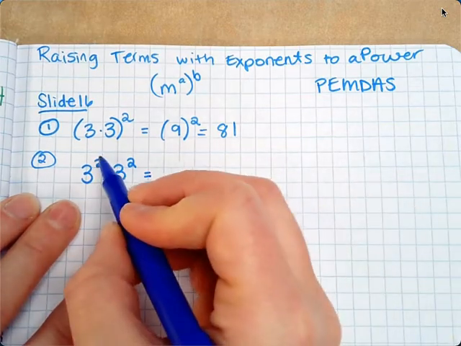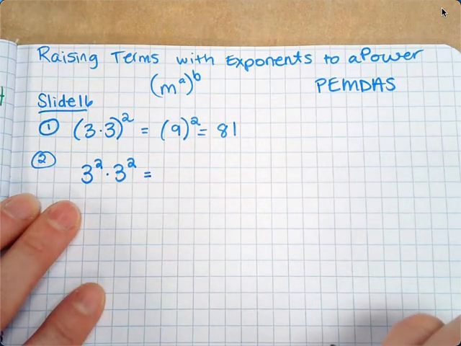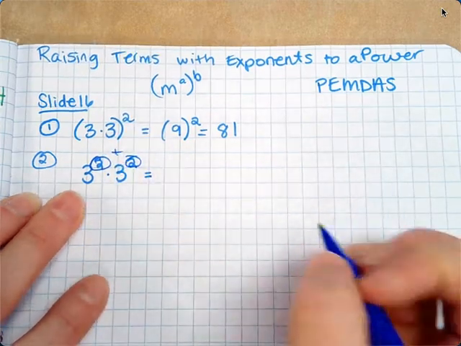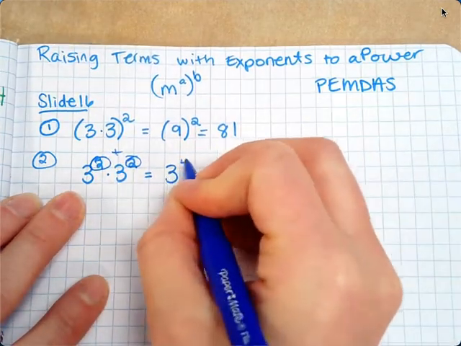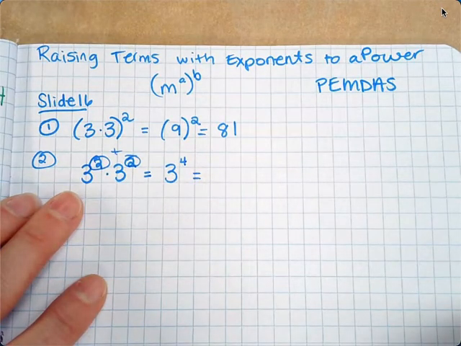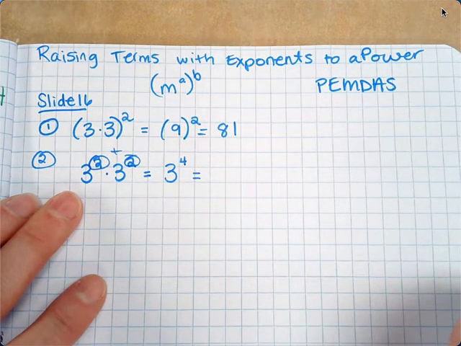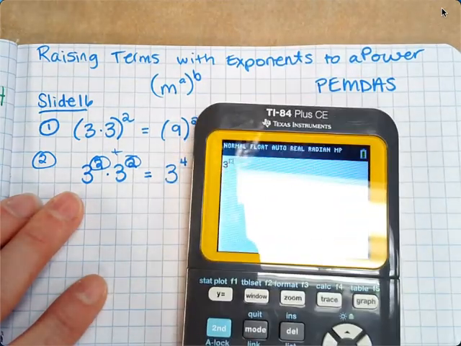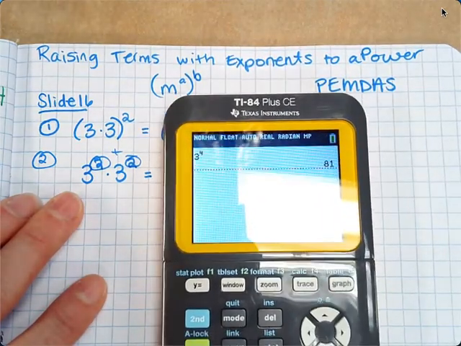Exponents, what do I do with those exponents? Add the exponents, okay, and what does that come up with? 3 to the 4th. What is 3 to the 4th? Yeah, it's 81.